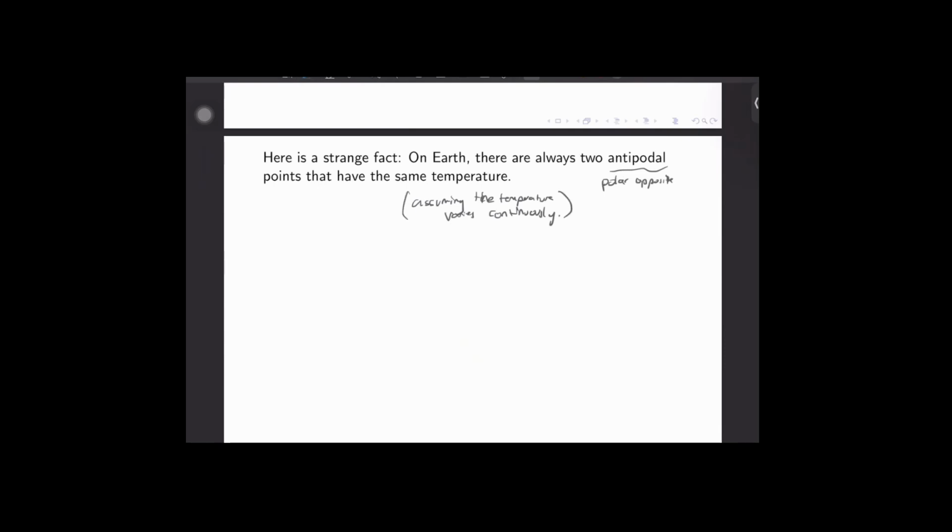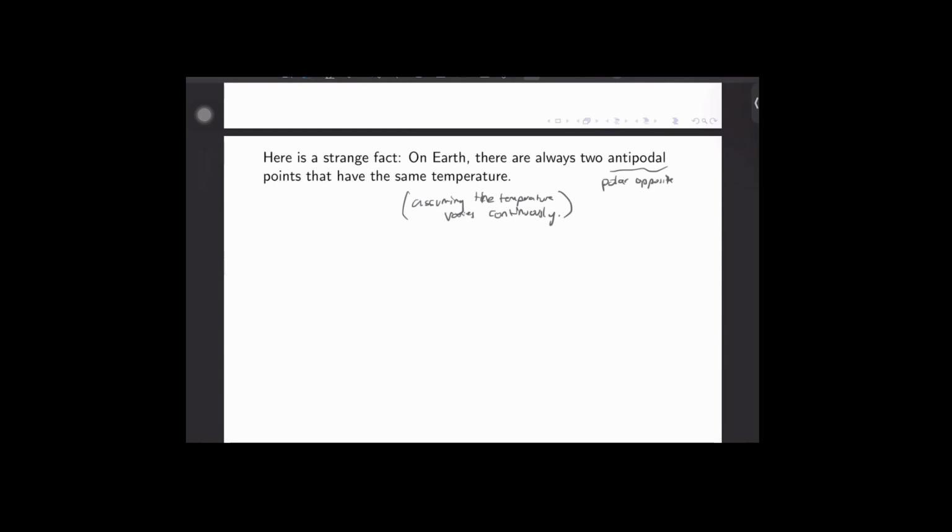So this isn't an unreasonable assumption. You might expect that if a temperature is something at one point, then everywhere around it's going to have roughly the same temperature. But we're going to assume that, and that's necessary for use of the intermediate value theorem.